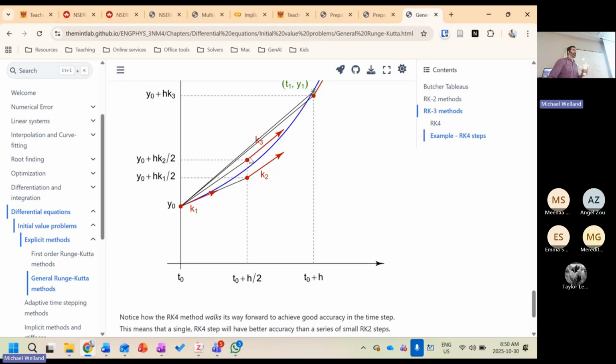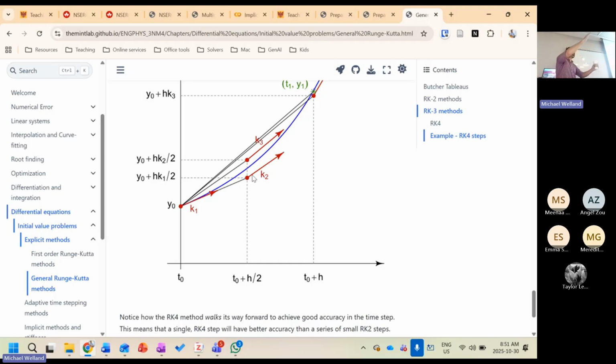Right? So somewhere in between, we've bracketed it. We've got a little bit too low and a little bit too high. Somewhere in between is the right answer. Meanwhile, we can also calculate the slope over here, which is also wrong. This also isn't the slope of this curve at this point.